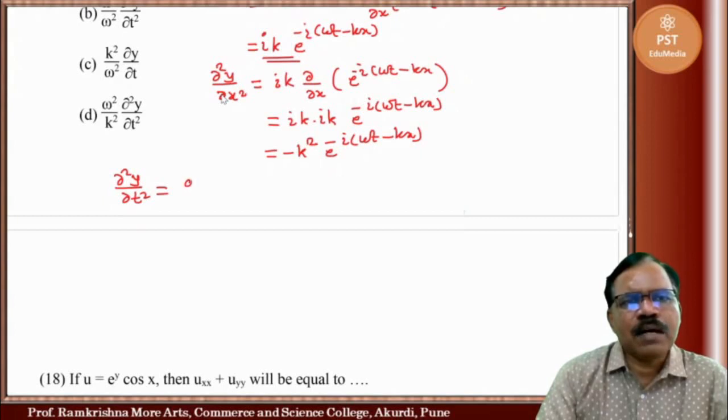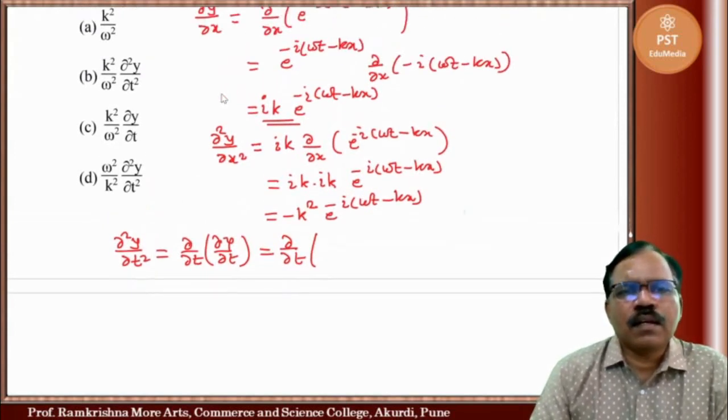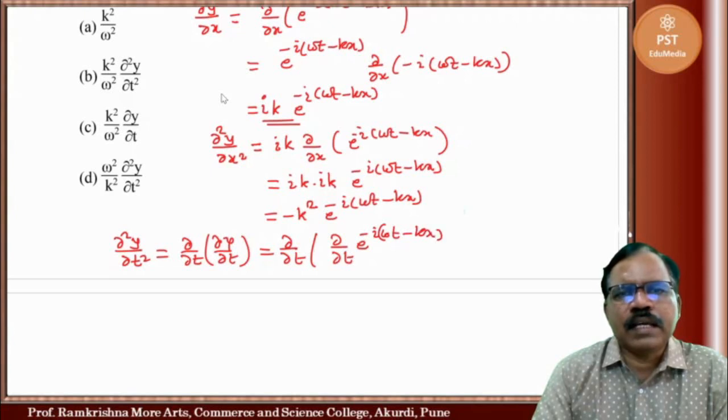So it is ∂/∂t of ∂y/∂t. So you'll get here ∂/∂t of ∂/∂t of e raised to minus i(ωt minus kx).